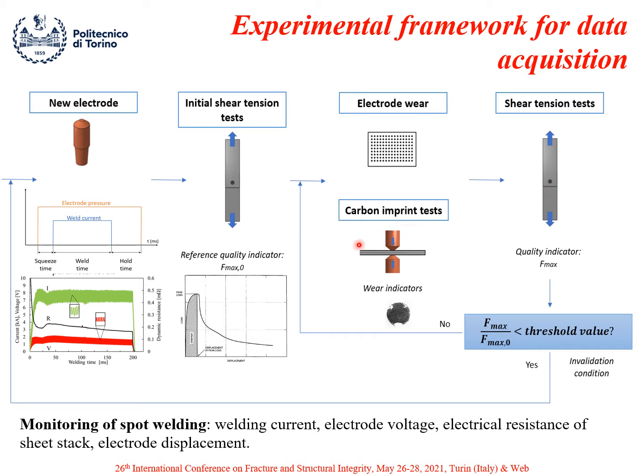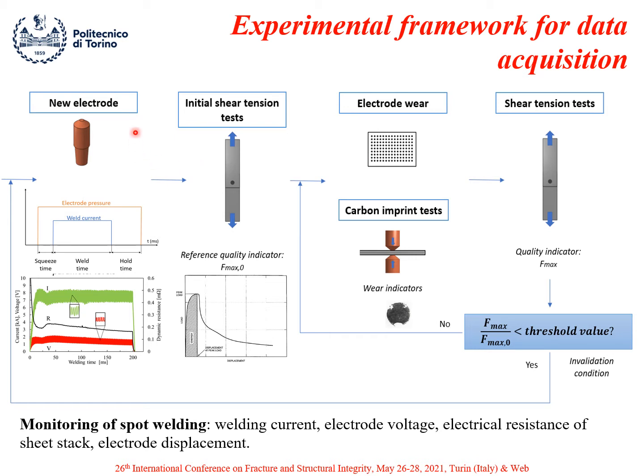At the same time, we can define through the carbon imprint test the extent of electrode wear. And we have done this about every 140 spot welds until the electrodes were completely worn.